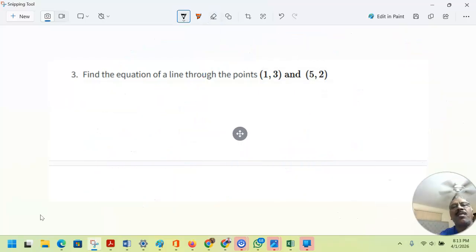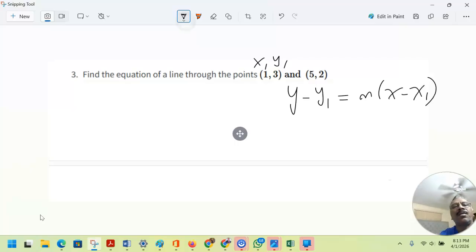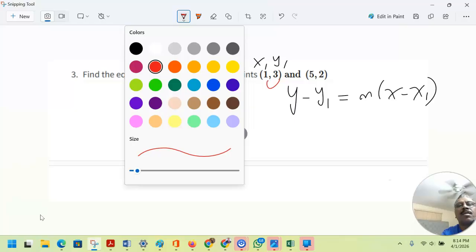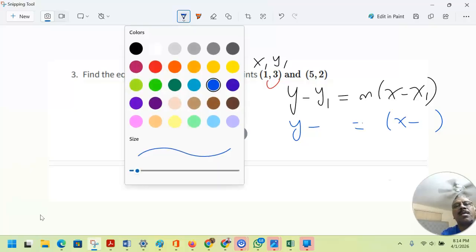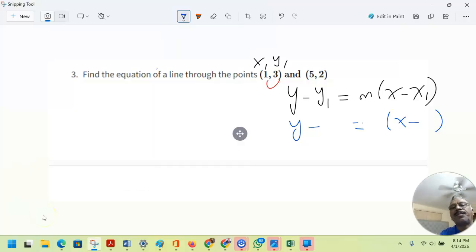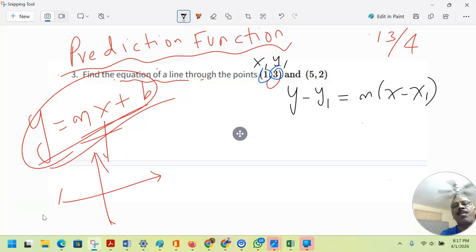So let's see, if I want to write this as x1, y1, and I want to use the point-slope formula like this, let's plug in this 1 and 3. So y minus, equals, x minus. So we are going to put this over here. So it is y minus 3 because y1 is 3 here.